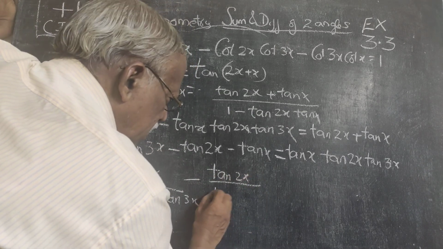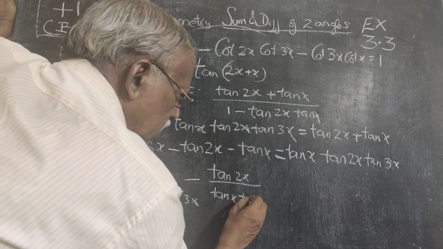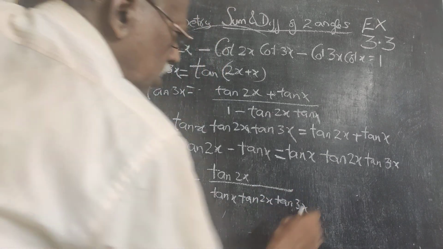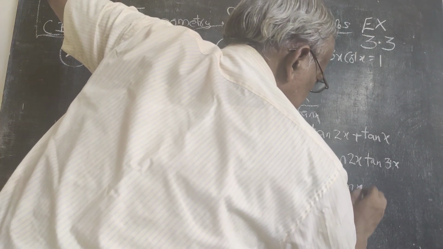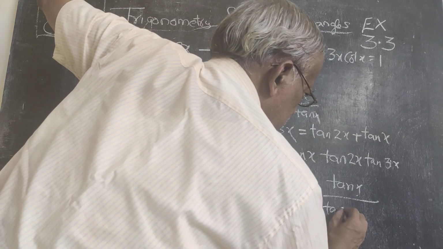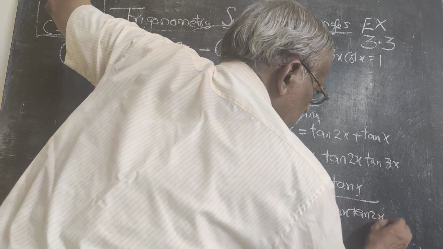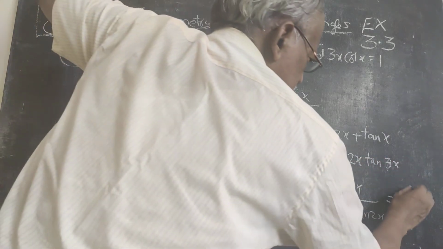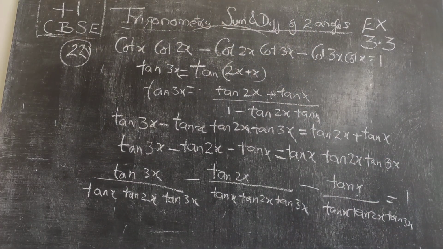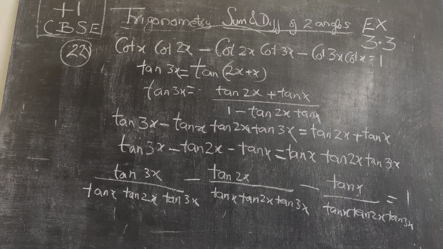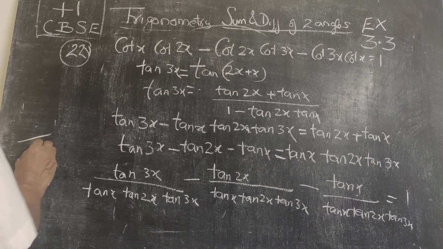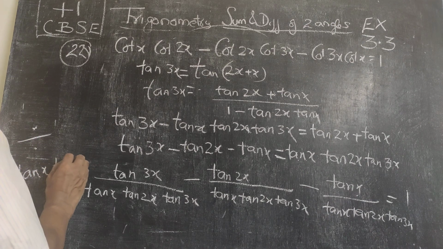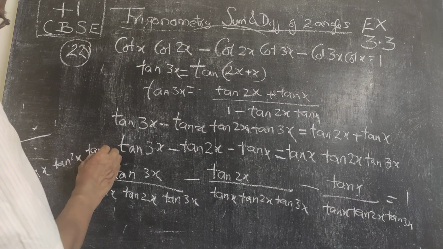Again, when you are dividing that by tan x, tan 2x and tan 3x, minus tan x, divided by the denominator, that is tan x, tan 2x, tan 3x. Since we have divided by tan x, tan 2x, tan 3x, this side is 1. Am I made clear? I am dividing both sides with tan x, tan 2x, tan 3x.